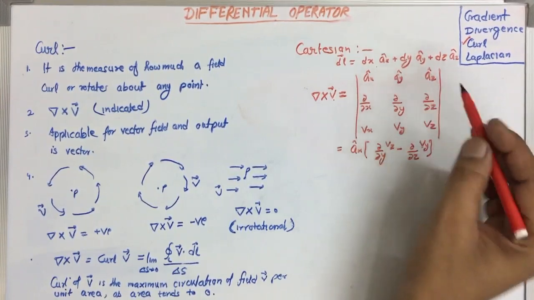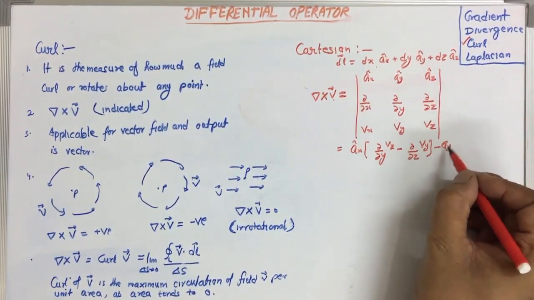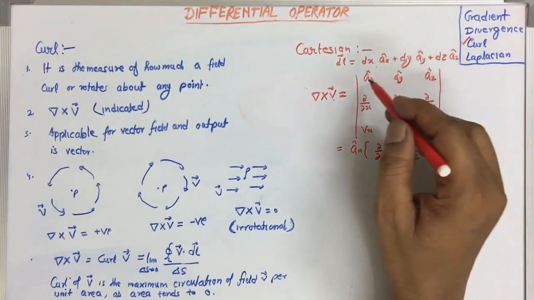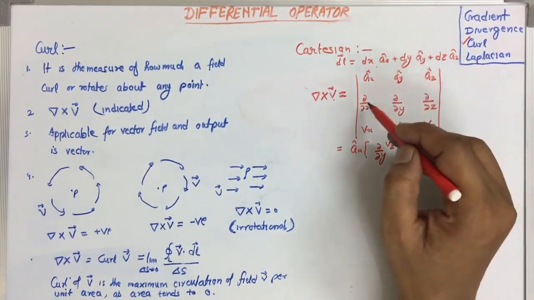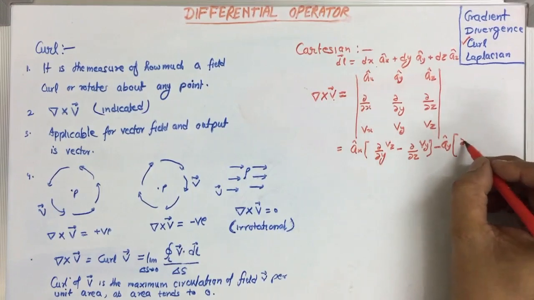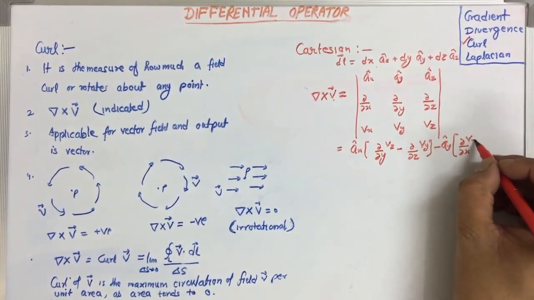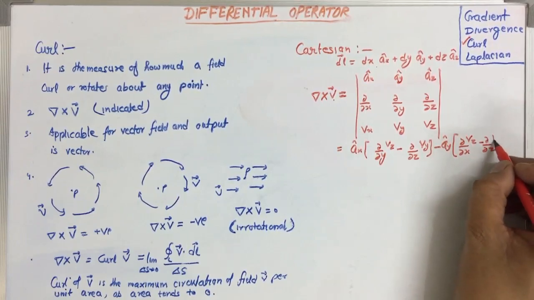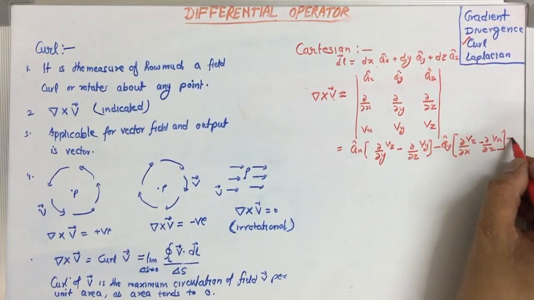Now this is minus ay. We know how to find the determinant, I am just revising here. This minus this: del over del x Vz minus del over del z Vx, plus az.